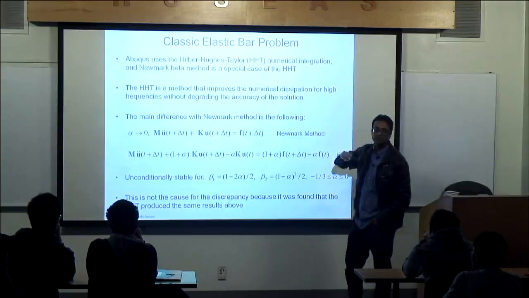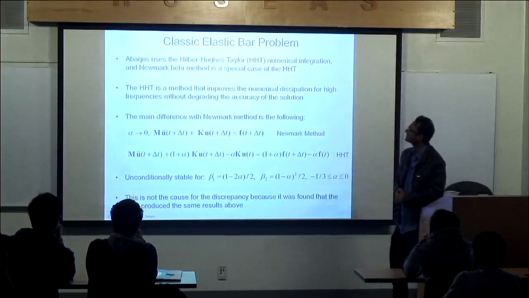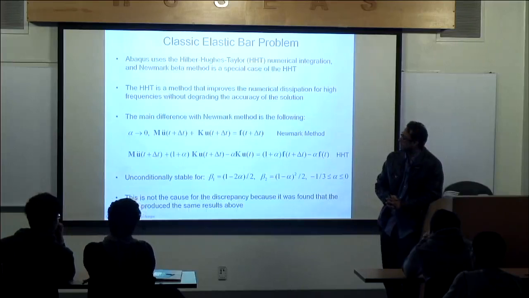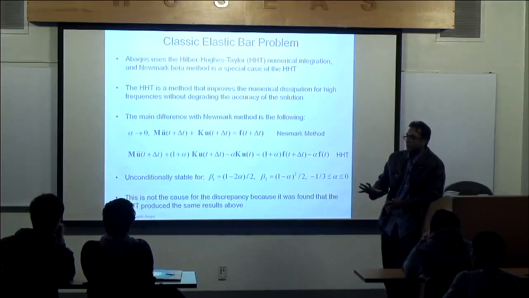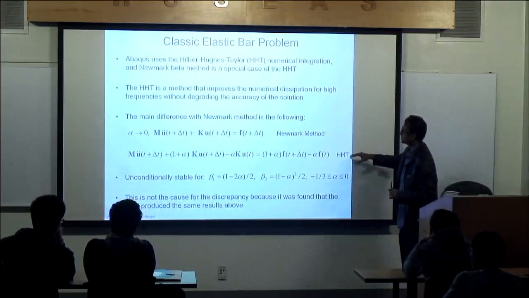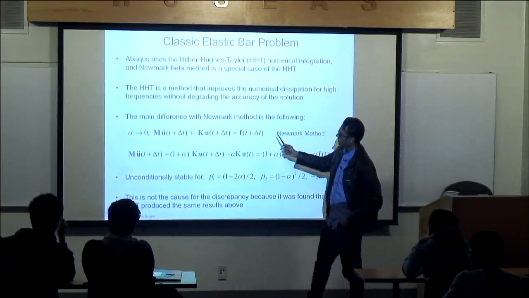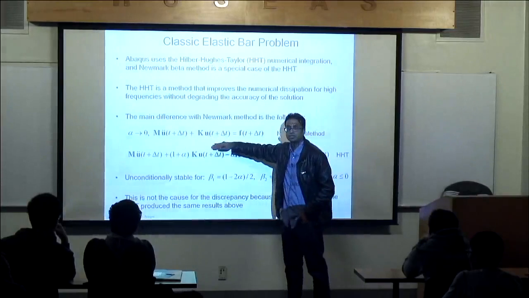Abacus uses HHT to improve the numerical dissipation for high frequency modes without degrading the accuracy of the solution. But the main difference when I compare HHT to the Newmark method is very simple. This is the Newmark method. Remember I said the solution has to be true at this point in time?